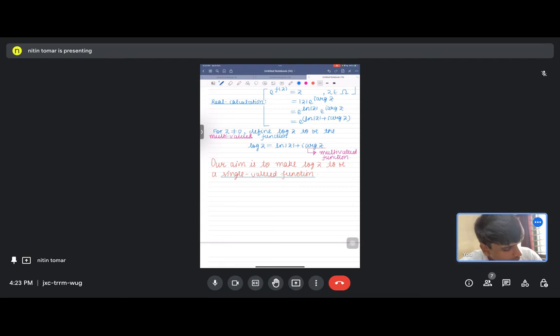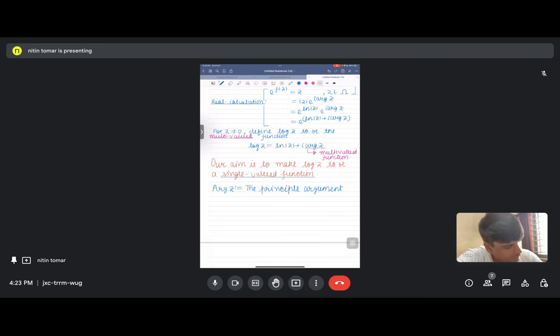So for that, what we do now is define a principal branch of logarithm. You know the principal argument of z? Sir, minus pi to pi.